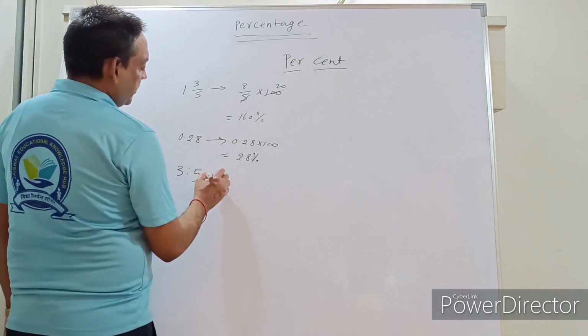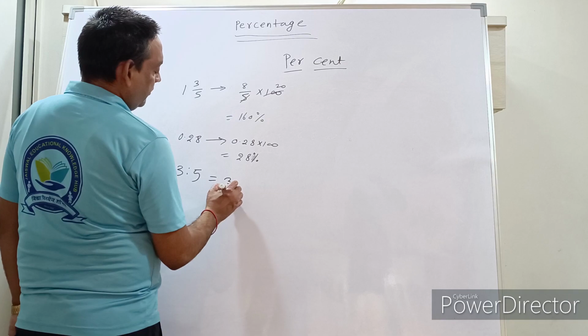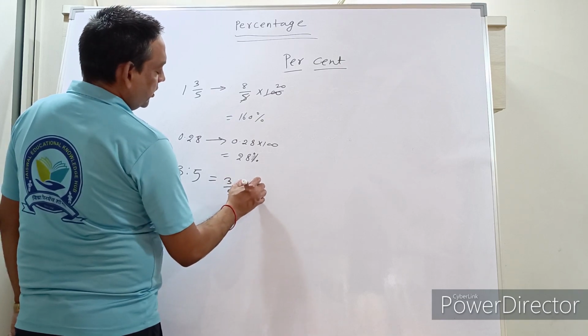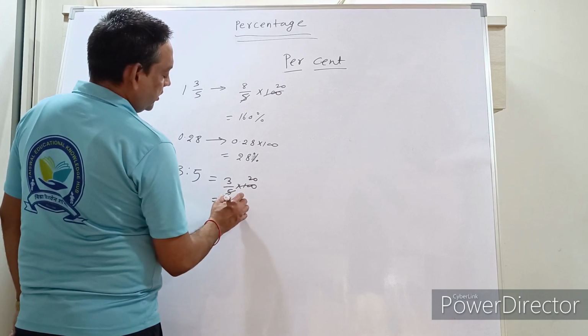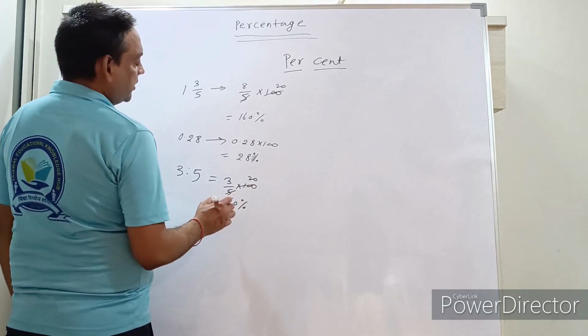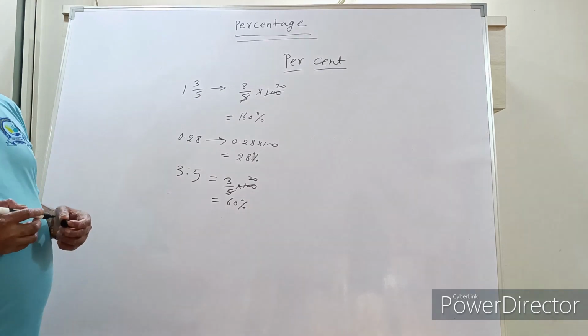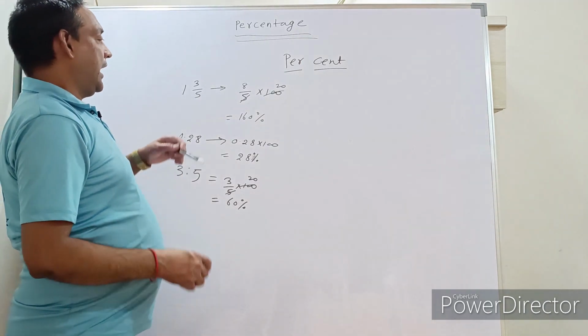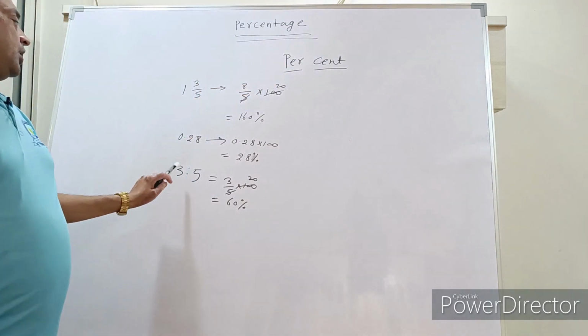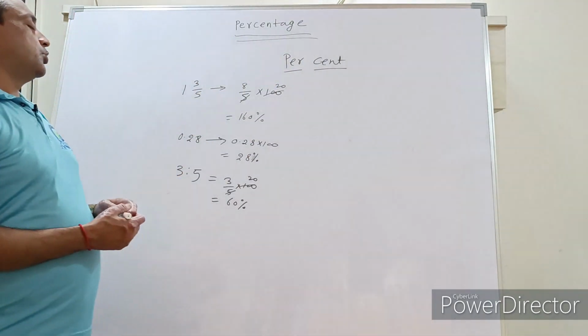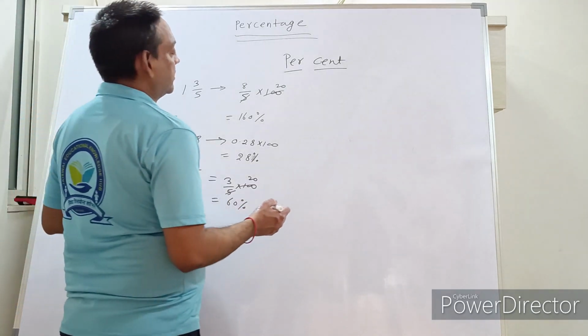So 3:5 is nothing but 3/5, and then 3/5 into 100. So 5 1s are 5, 20s are 20, 3 20s are 60%. So whatever the number given, and if they ask you to convert from fraction to percentage, decimal to percentage, or ratio to percentage, you simply multiply by 100.